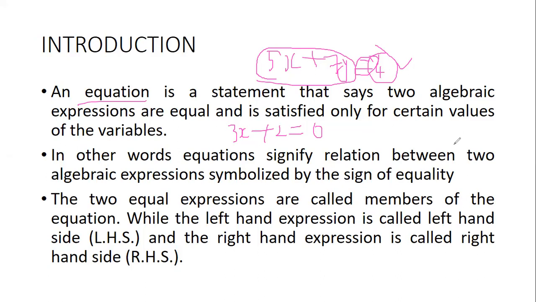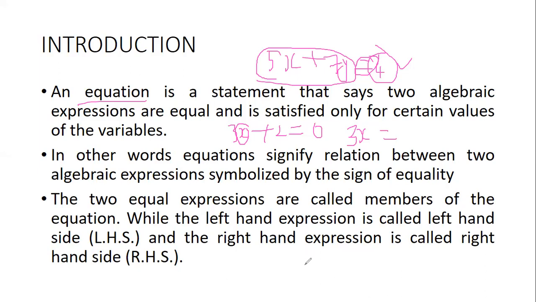Did you all understand what an equation is? An equation is a statement that says two algebraic expressions are equal and they are satisfied by certain values. Here you do not know the value of x, so we are supposed to find it. How do we find it? We keep 3x on one side and take 2 to the other side.